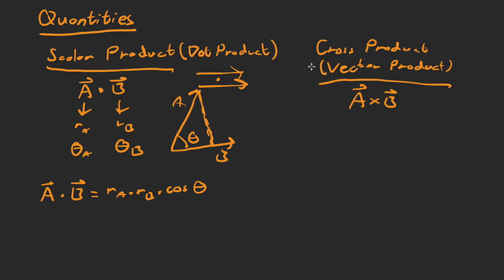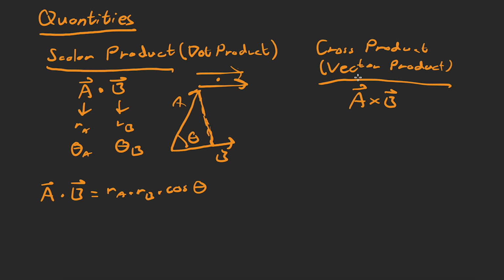For the cross product, it's a little bit different. I'm not going to show you the Cartesian sense of it because, well, that's literally linear algebra, and we don't really need it for the moment. I'm just going to show you the sense of the polar coordinate system.